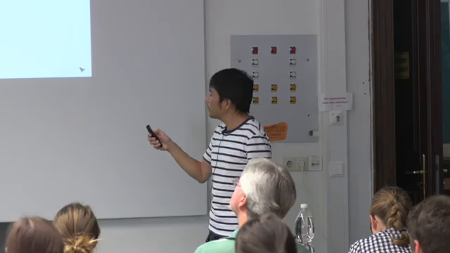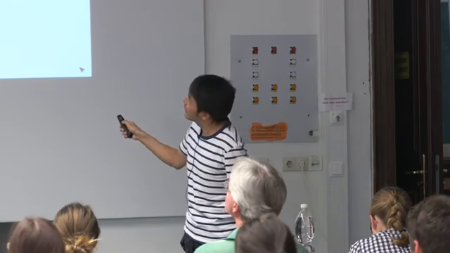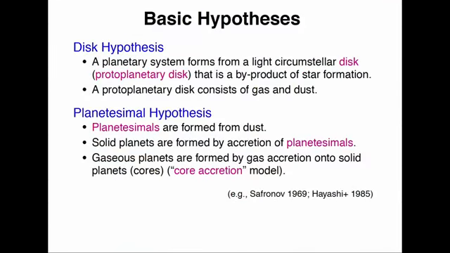The second hypothesis is called the planetesimal hypothesis. From only the dust of the disk, planetesimals are first formed somehow. And solid planets, like terrestrial planets and ice giants, are formed by accretion of these planetesimals. To form gas giants like Jupiter and Saturn, first relatively large solid planets, cores, are formed by accretion of planetesimals.